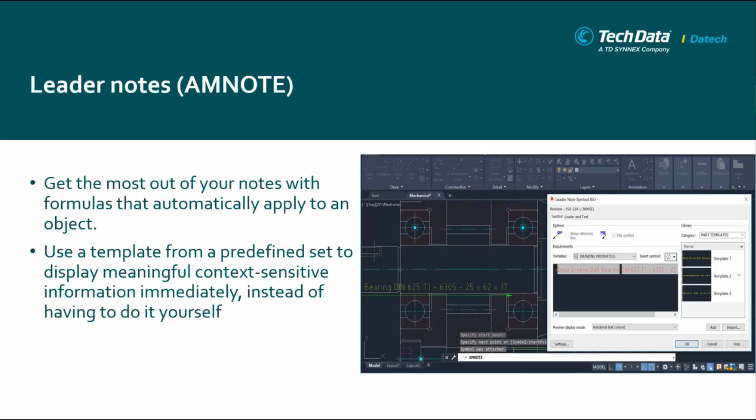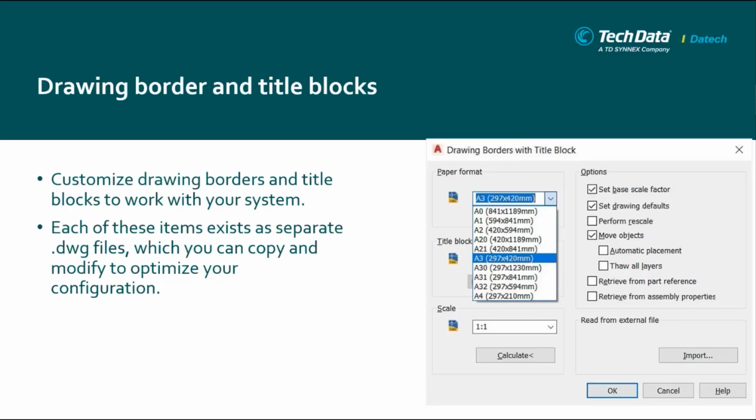Appropriate templates are automatically applied when you attach the note to the object. Hence it automatically displays meaningful, context-sensitive information that is more important. This creates a leader and attaches it to the objects directly in the drawing. We normally work with multiple symbol libraries, so this particular feature will help you a lot.